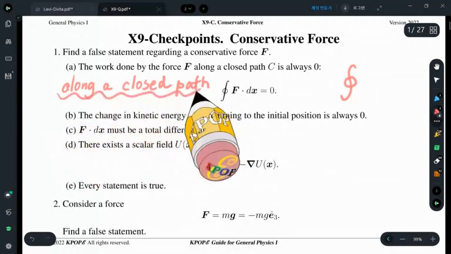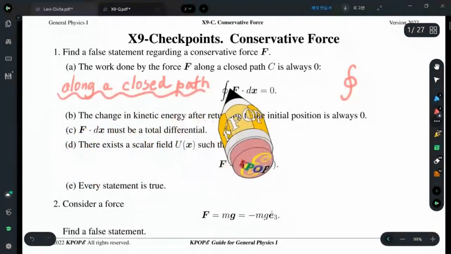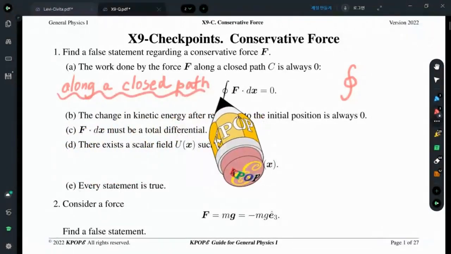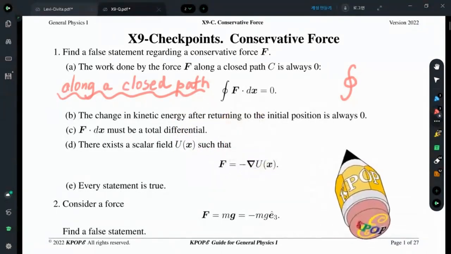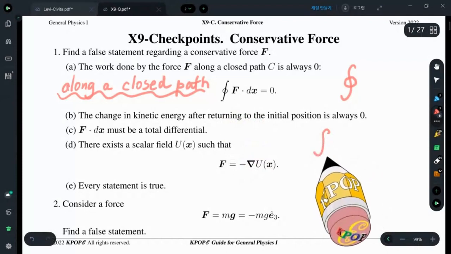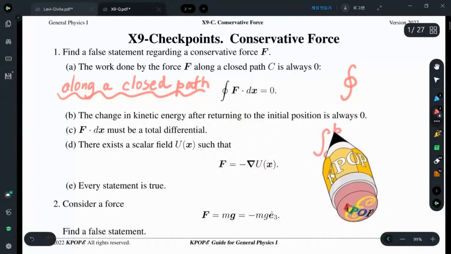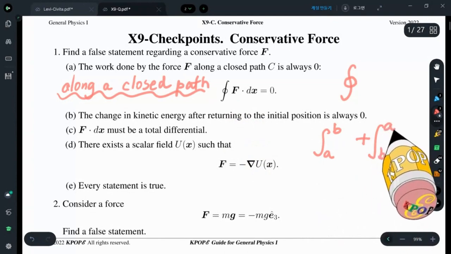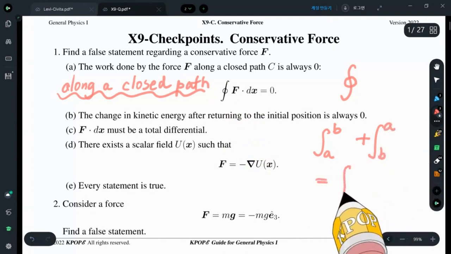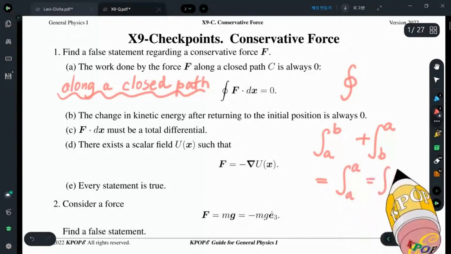A closed path is at least two dimensional, but it could be along one dimension. In the one dimensional case, we have the integral from a to b plus b to a. That means a to a or b to b.